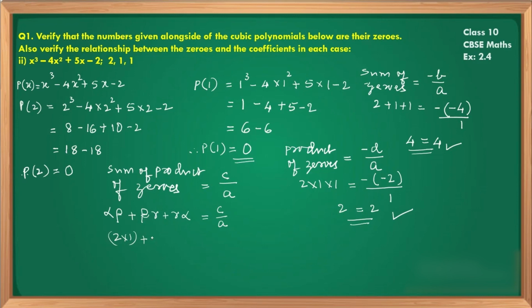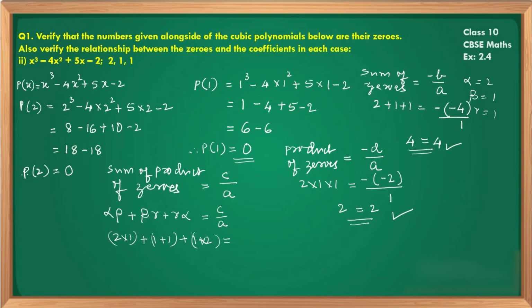I'll write down here for your easiness. Alpha is 2, beta is 1 and gamma is 1. Alpha beta is 2 into 1, plus beta gamma is 1 into 1, plus gamma alpha, 1 into 2, is equal to c.